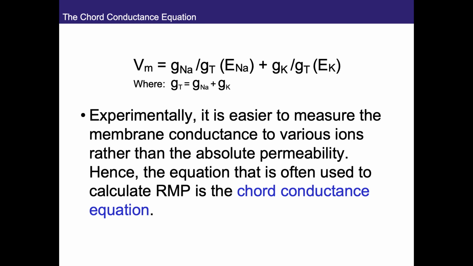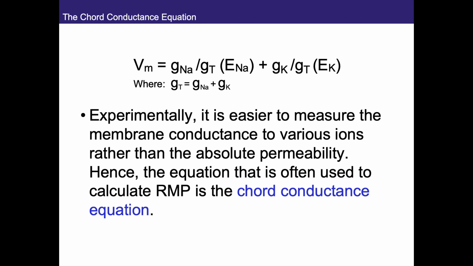So without doing any calculations, let me just ask you a question. What if the relative conductances were 50-50? Don't even do a calculation now. Where would the actual resting membrane potential sit? If the total conductance was 50% due to sodium and 50% due to potassium, where would the actual membrane voltage sit?